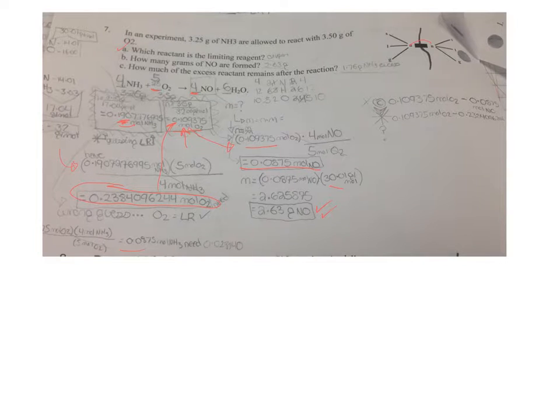Now B, oh no, you found A and B. So C says how much of the excess reactant remains. So the excess is this one, right? So if I look here, I've got that many moles of ammonia, and I want to know how many moles I used. Well, to figure that, I can use dimensional analysis. So I'm going to use this number right here.